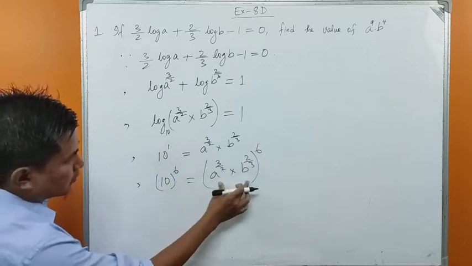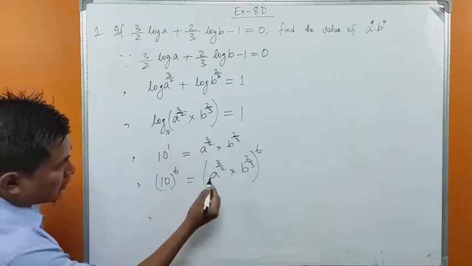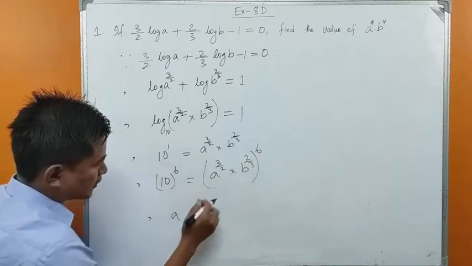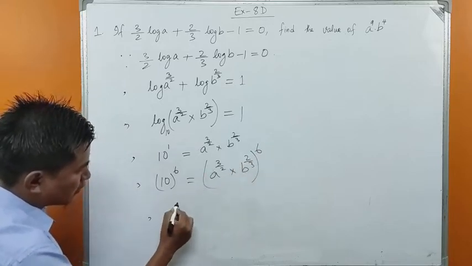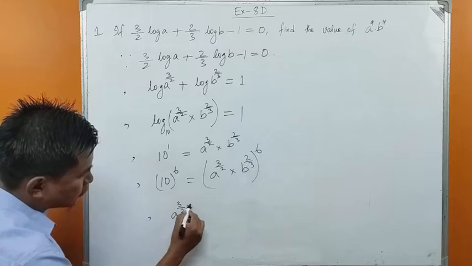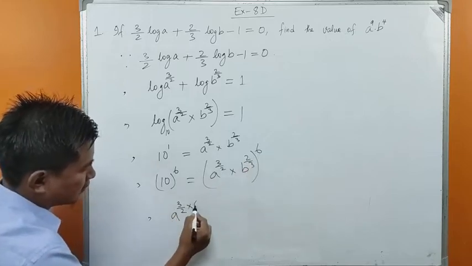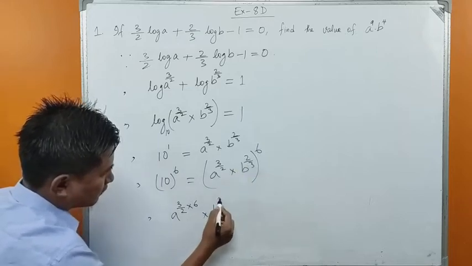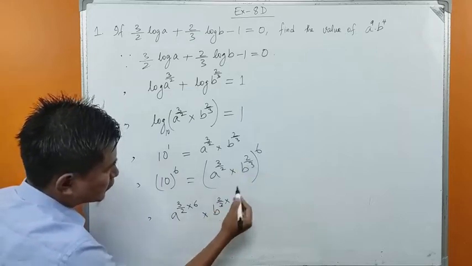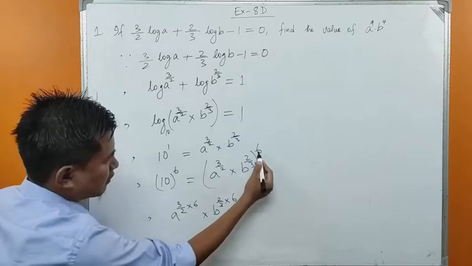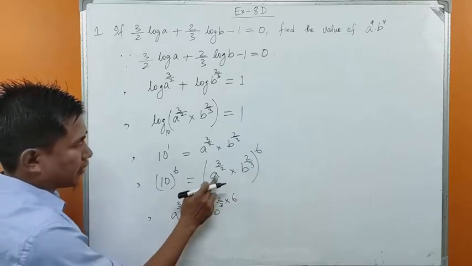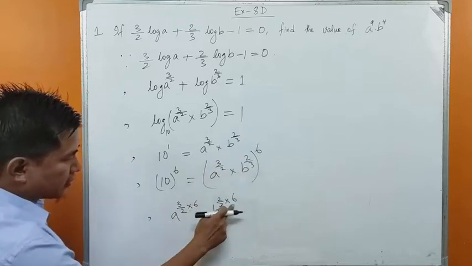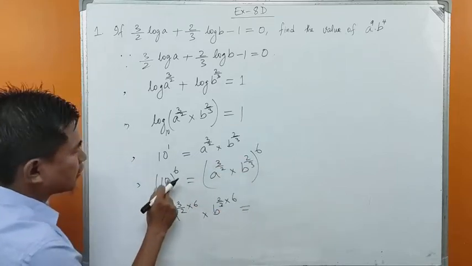Now this power 6 is for both the numbers a and b. So a has power 3 upon 2 already, into 6, times b to the power 2 upon 3 into this power 6. This power 6 is for both a and b. So I put the power individually, into 6 equals 10 to the power 6.